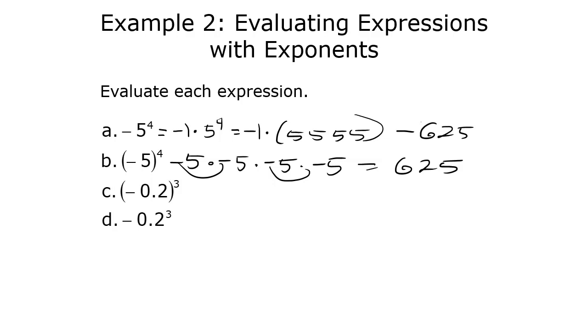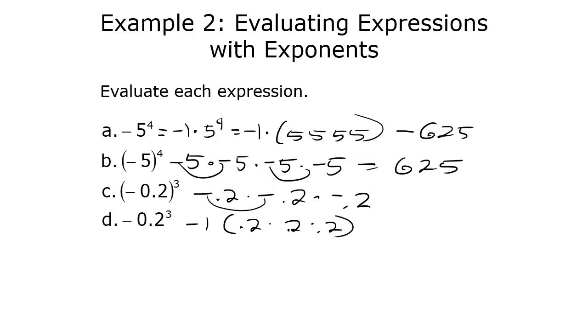This is -0.2 times -0.2 times -0.2, whereas this one is -1 times 0.2 times 0.2 times 0.2. But because it's an odd power, it means the same darn thing, right? Because when you have three of them, these cancel, but then the third one keeps it negative.